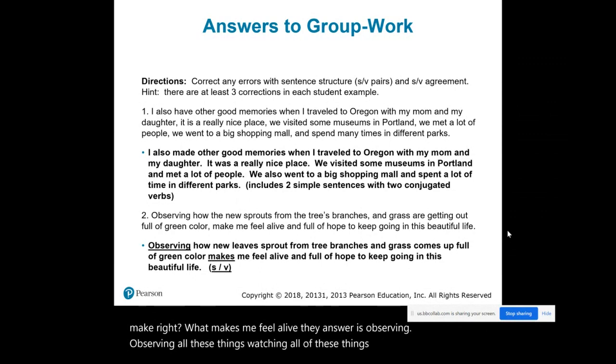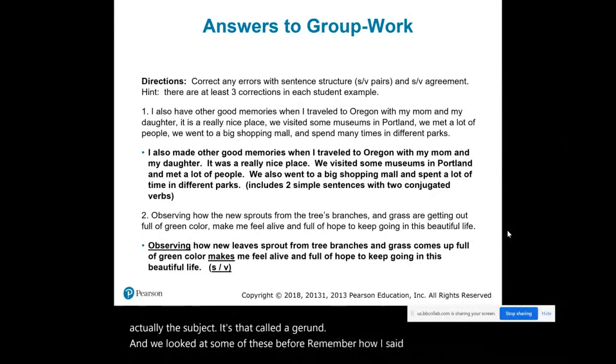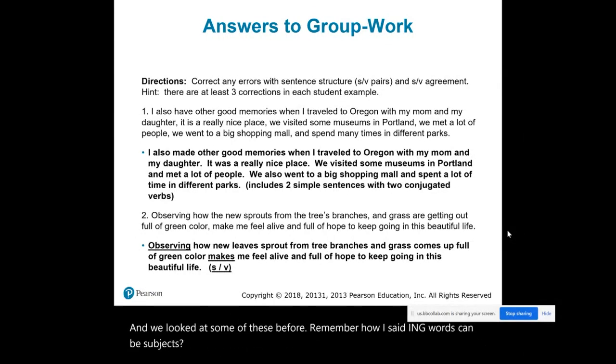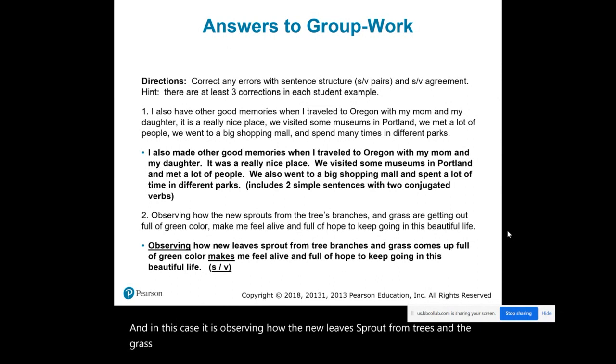So observing is actually the subject. It's called a gerund, and we looked at some of these before. Remember how I said -ing words can be subjects? And in this case, it is. Observing how the new leaves sprout from trees and the grass comes up makes me feel, okay?